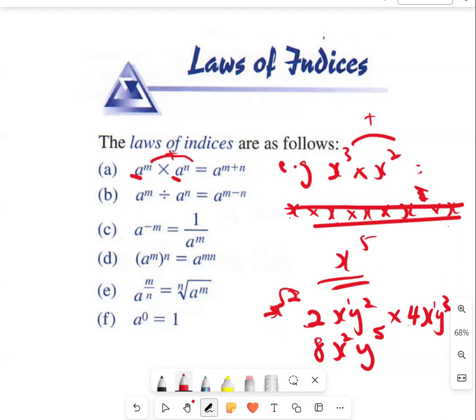So you don't have to expand out the y squared and the y cubed. You can apply the laws even there. You think you follow? Yes, sir.